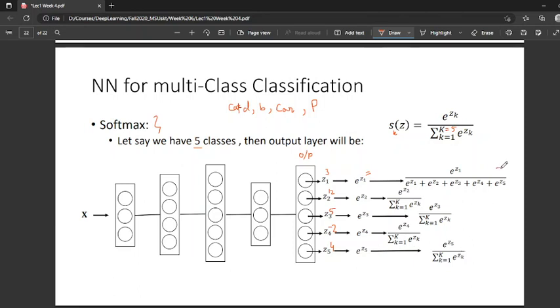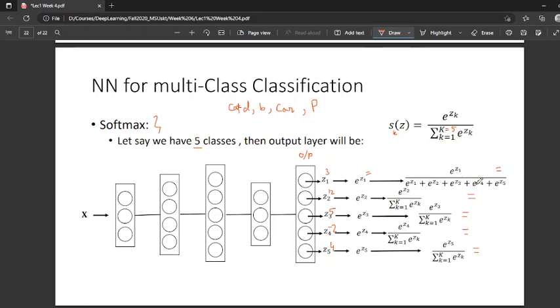Then the sum of the values at these nodes will be equal to 1.